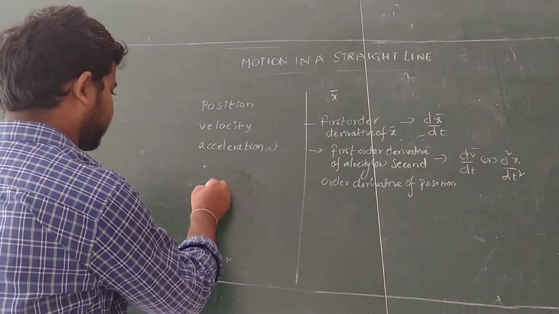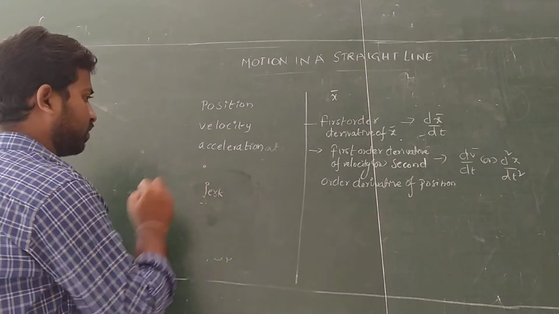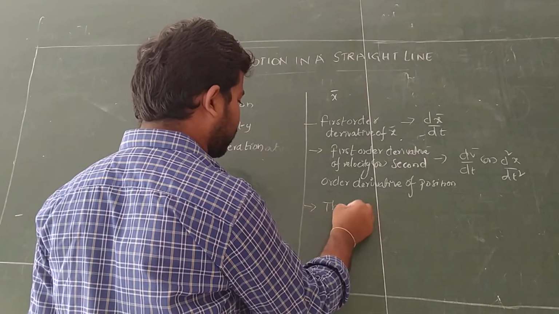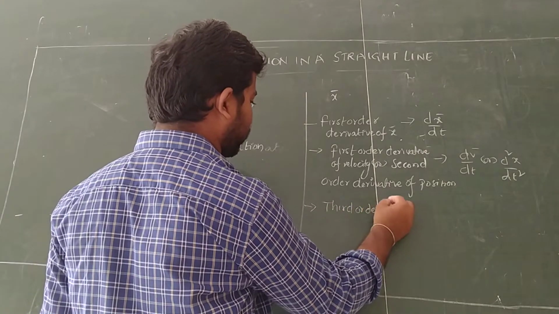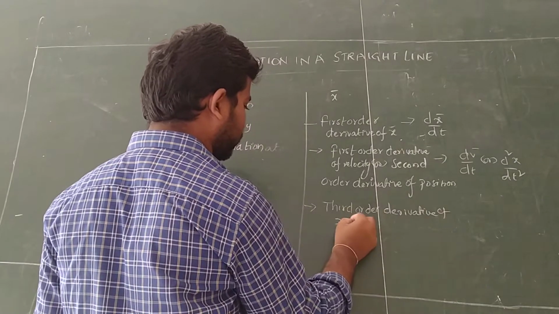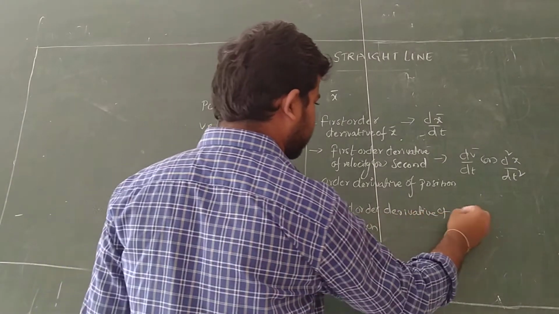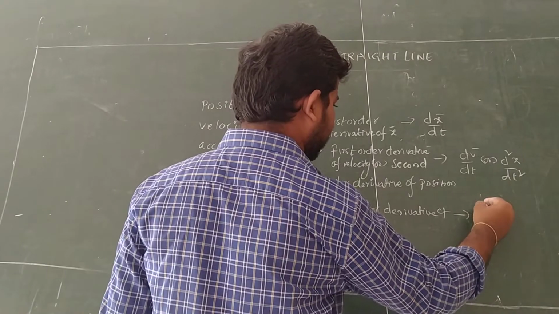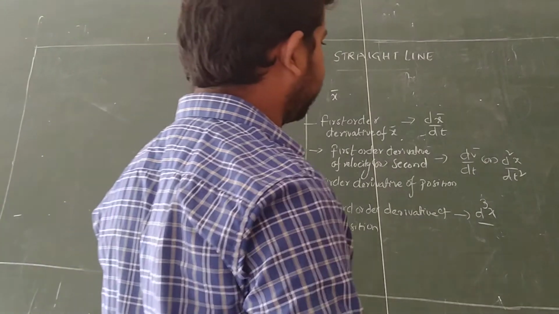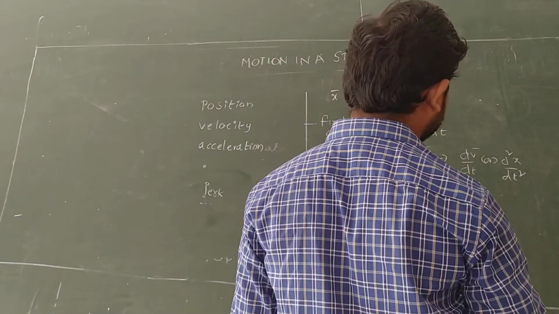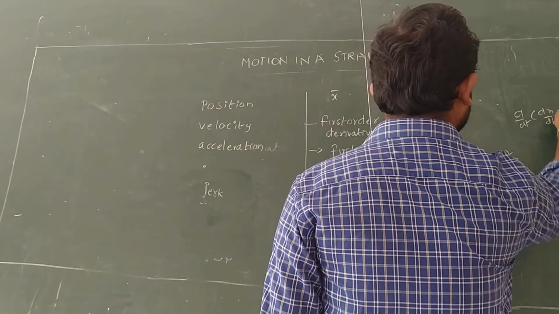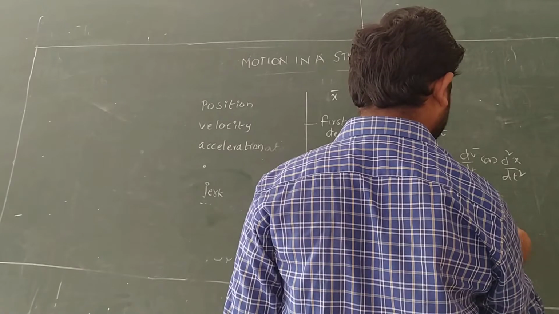Next is jerk. Jerk is the third order derivative of position, which is d cube x by dt cube.